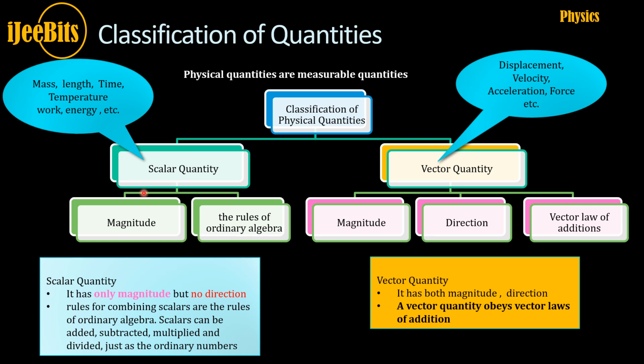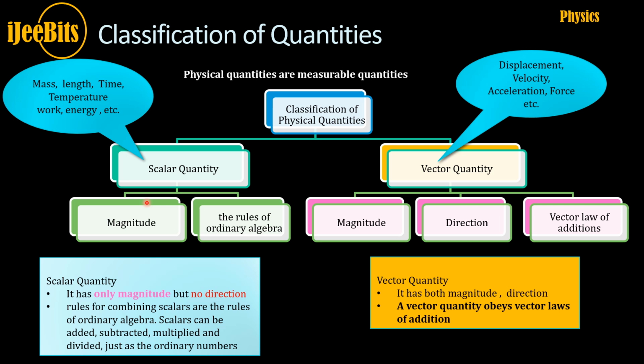For vector quantities, we talk about displacement, velocity, acceleration, force, etc. Any quantity when you measure, what we are talking about is that we have some magnitude, correct? That is what we studied in the previous class. Magnitude and units, that's all we studied, but we are extending that part a little more.